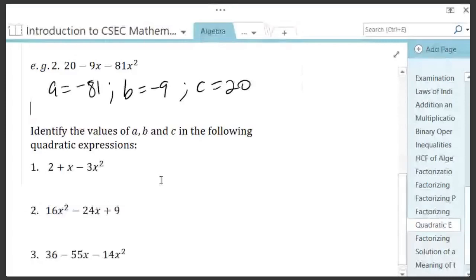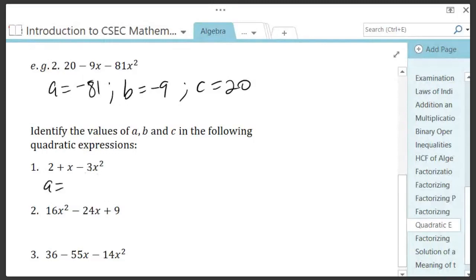Now, while this is a very simple exercise, if you're having problems identifying a, b, and c, you will have problems factorizing a quadratic equation, using the quadratic formula, completing the square if you're using the formula method, and so on, and even when you are completing the square using the algebraic method as well. So please, while it may seem very simple, you need to understand the concepts.